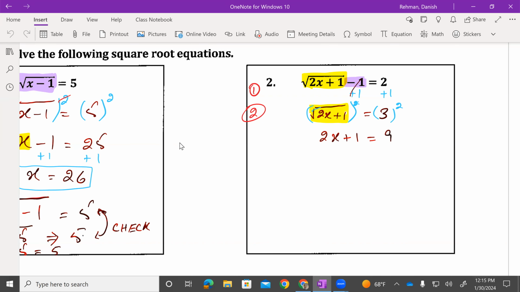Can someone help us here? Micah, what do you think? What should I do to separate the x from anything? I want to solve it for x. What's the first step? Charlie, what should I do? Subtract the 1 first. That's the first step.